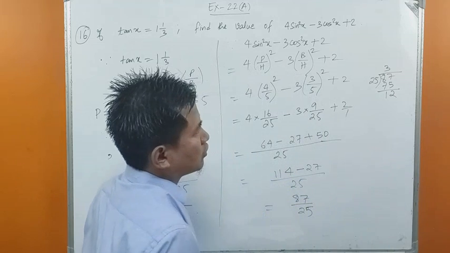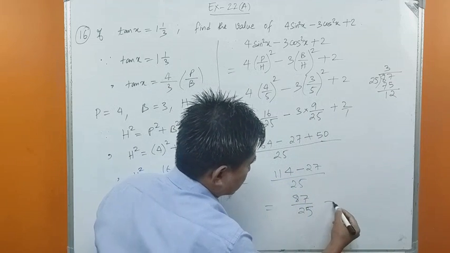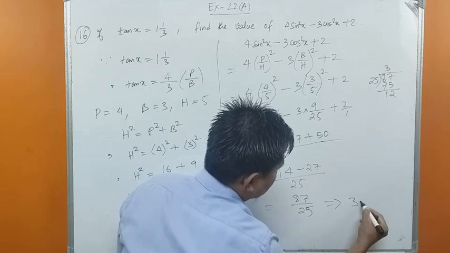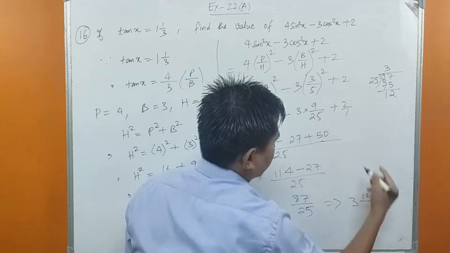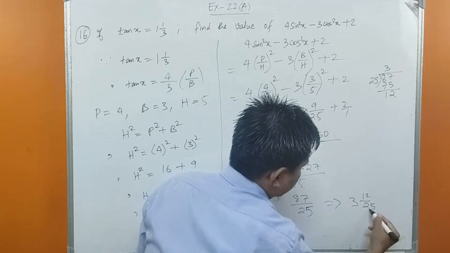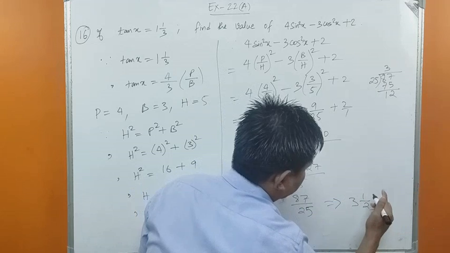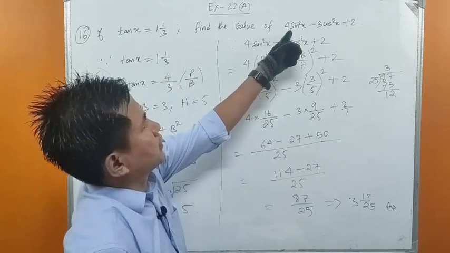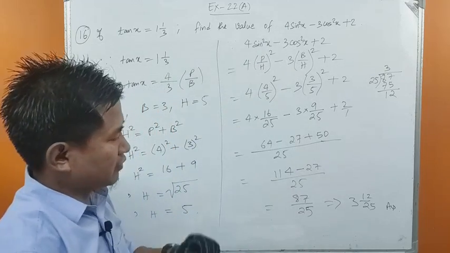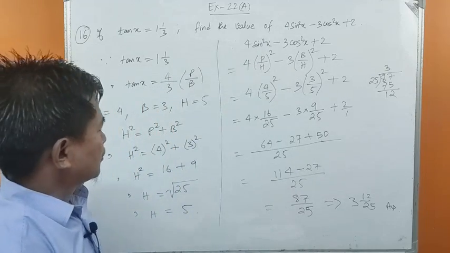So 3 whole 12 upon 25. This gives us 3 whole, this 12 remainder we write here and 25 in the denominator. So 3 whole 12 upon 25 is the answer, the value of this expression. We were asked to find the value of that expression, so I hope you got this.